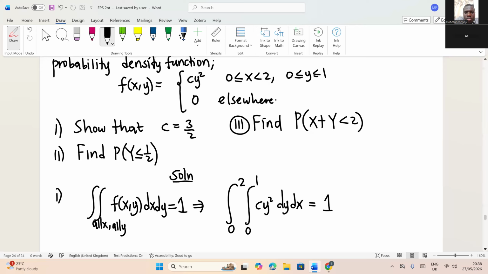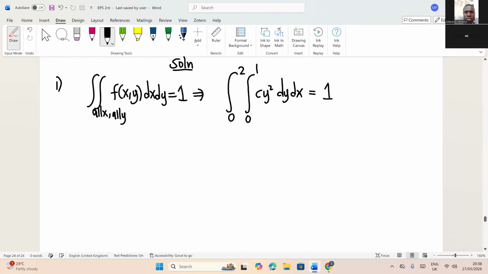So I evaluate this double integral. We have the integration from 0 to 2. If we integrate c y squared, we shall have c y power 3 over 3 from 0 to 1, dx equals 1. I have been integrating with respect to y, so I feed in the limits of integration.